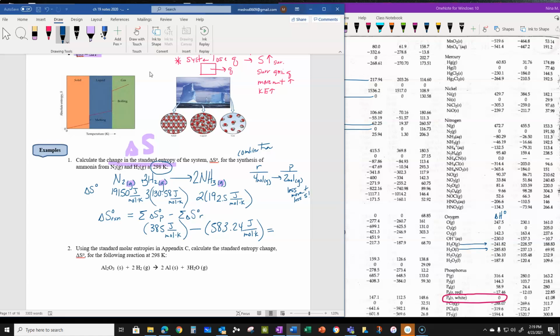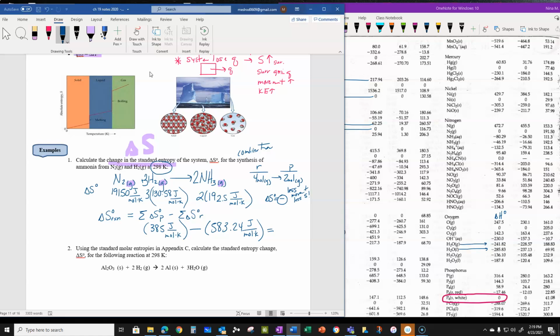Okay, so you're going to see questions in the book. We're going to do them for homework. They're going to say predict the sign. So if I was going to predict this delta S sign, I'm saying it's probably going to be negative because I created less movement. So remember in the video I told you pay attention to gases, then pay attention to the moles of gases. Who has more gas movement on which side?